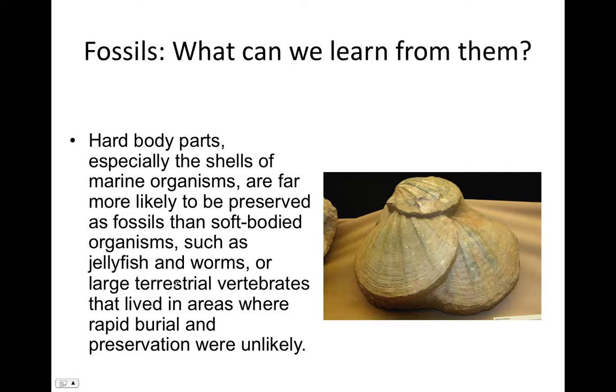Terrestrial vertebrates are also less likely to be fossilized than marine organisms, because the chances of a land-dwelling vertebrate, say a Tyrannosaurus rex, dying and quickly being covered by sediment, and all the conditions for fossilization being met, are not very big.